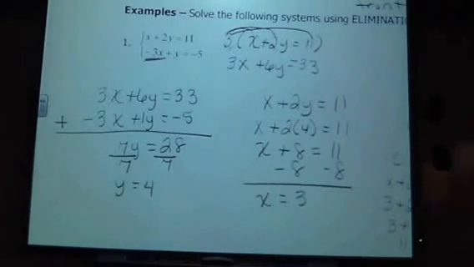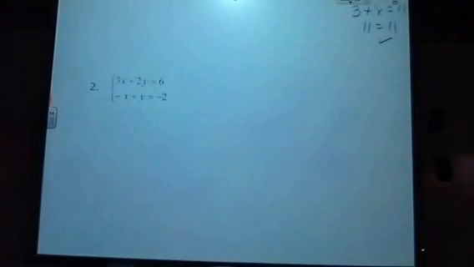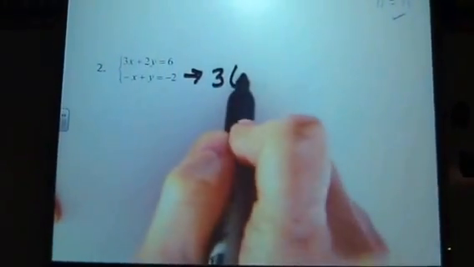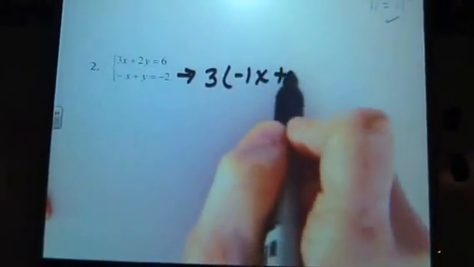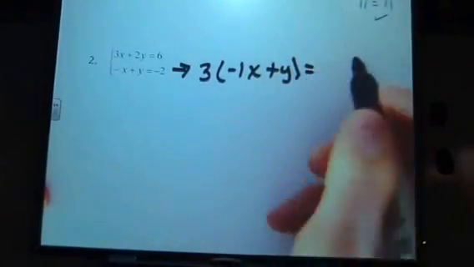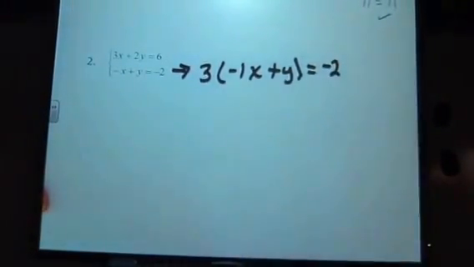Okay, let's go to the second one. Okay, so on this one, I'm going to look at this equation, and I have 3x, and I have 3 as my coefficient, and I have a negative 1 as my coefficient. So what I can do on this equation is I can multiply it by a positive 3.